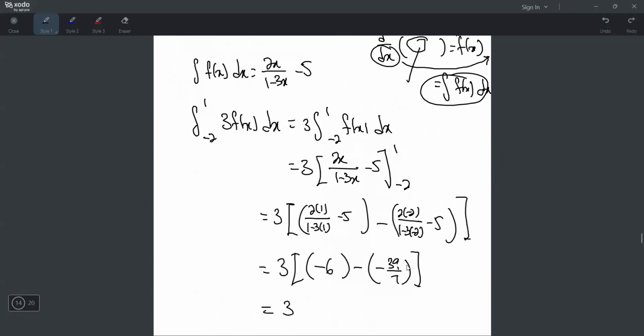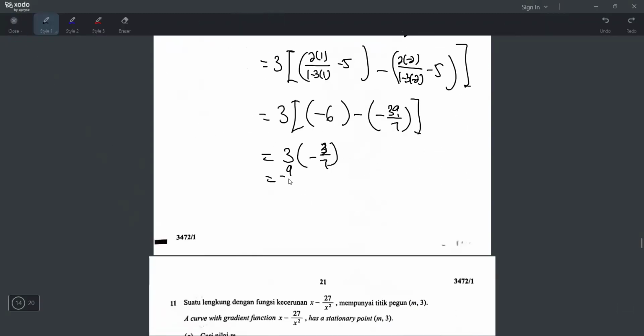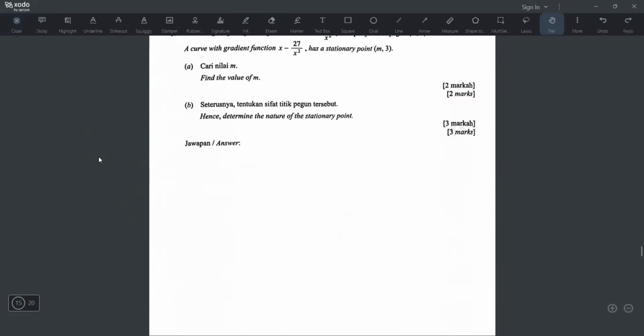So it becomes -6 plus 39 over 7. So let me press plus 39 over 7. Okay, my calculator give me -3 over 7. So far, this is how it looks like. And then I have to times 3, right? So when you times 3, you get -9 over 7. So the answer is -9 over 7. Okay? Okay, sudah siap.